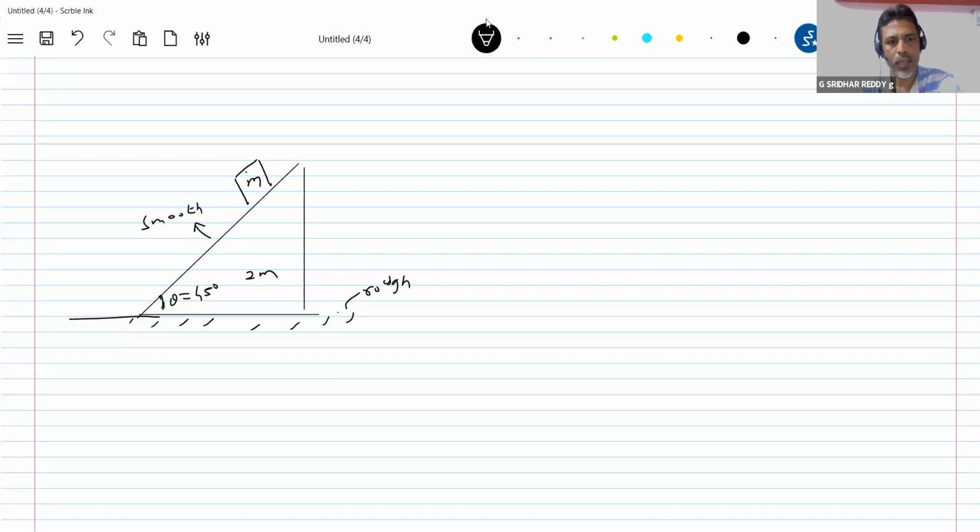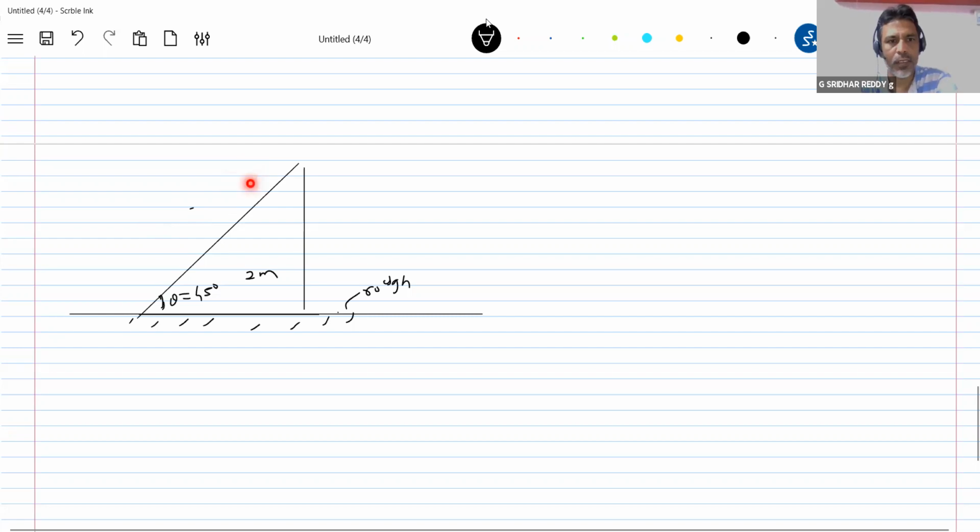So this is the rough surface. First we'll get the things. What are the various forces that will be acting on the wedge block? So first, the free body diagram. From there we'll proceed here.